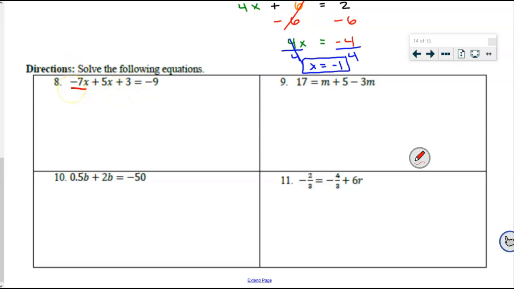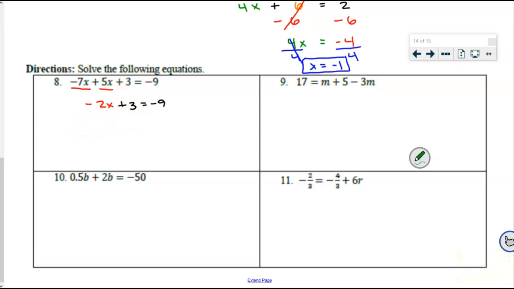Negative 7x plus 5x, we can combine as we simplify. And negative 7x plus 5x will simplify to just being 2 negative x tiles, negative 2x. Plus 3 is equal to a negative 9. So now we've simplified, now it's time to solve.